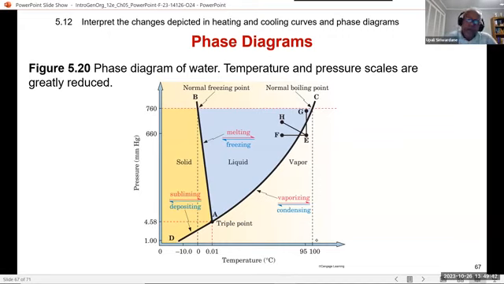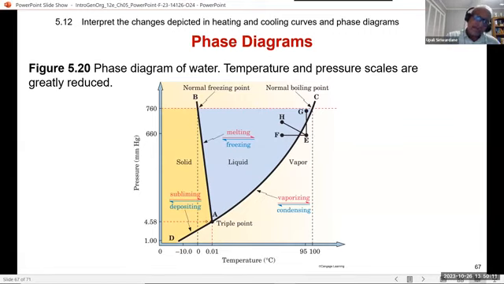There are a few other things. The triple point, where all three lines, D to A, A to B, and A to C, meet, is called the triple point. That's the point where all three phases can exist simultaneously. Normally we deal with two phases at a time.